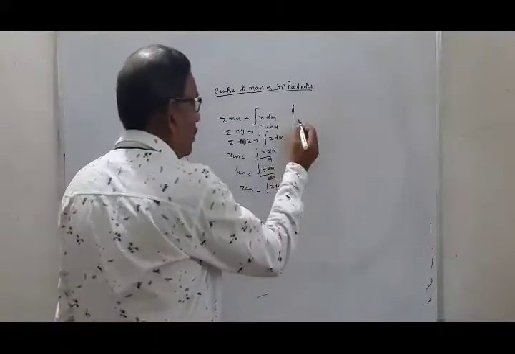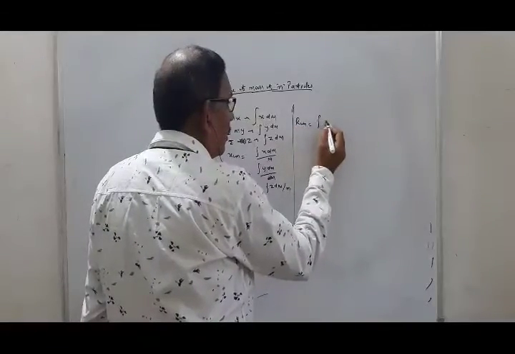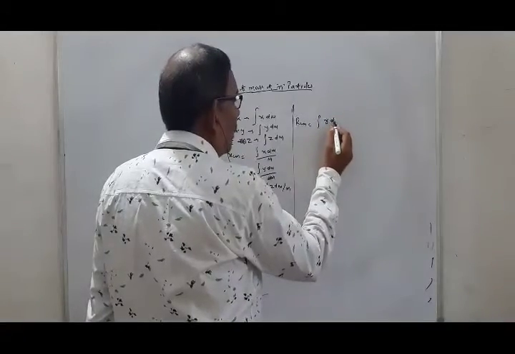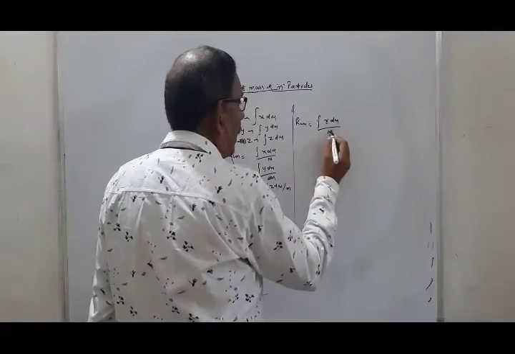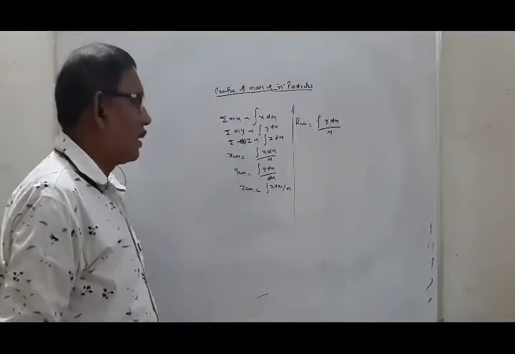And this RCM becomes integral r dm by M. In this way, you have to calculate by taking the integrations.